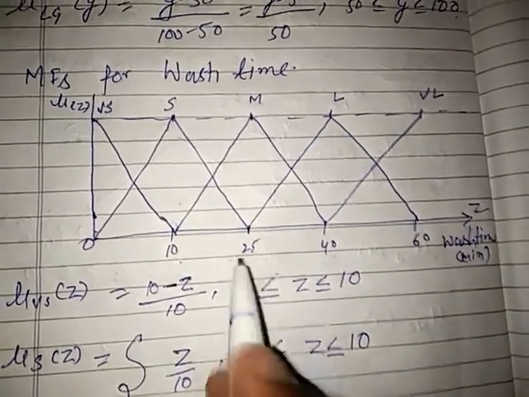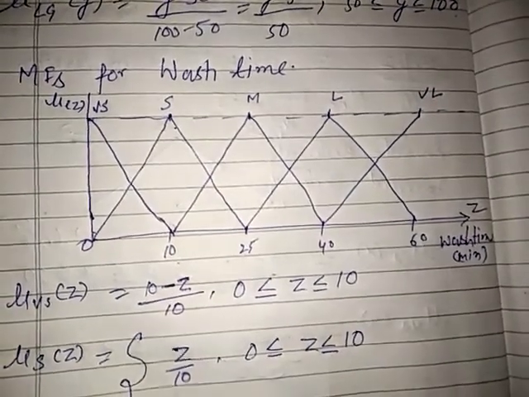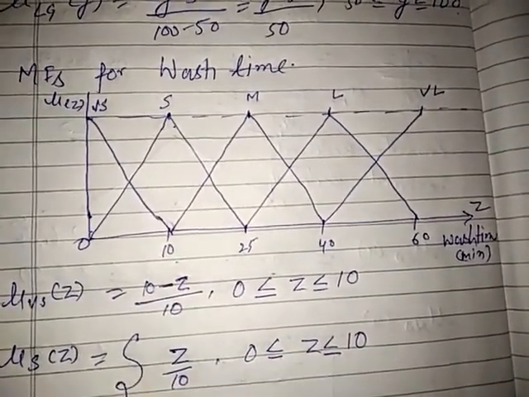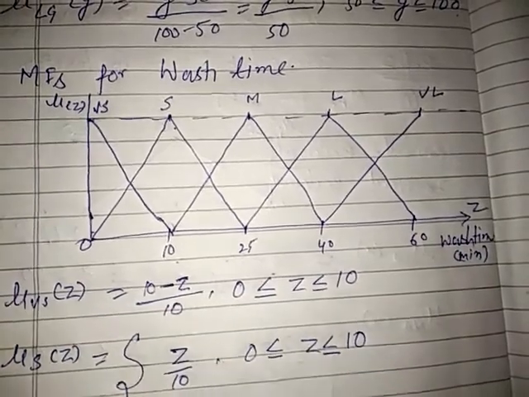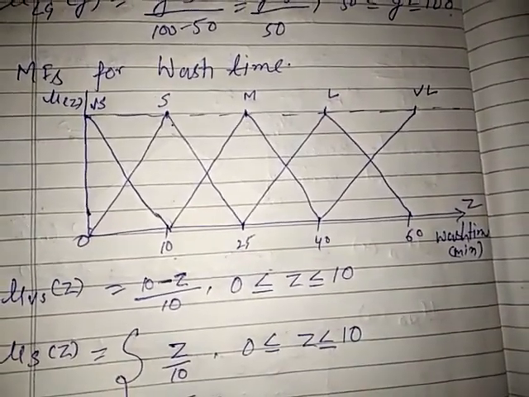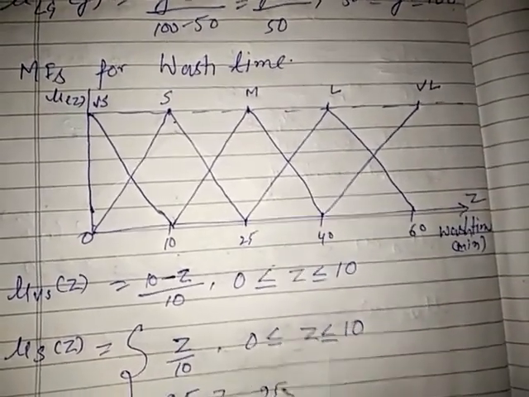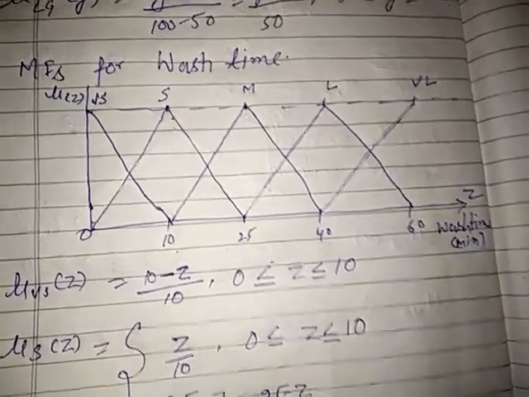And second, that is the backward, 25 minus z divided by 25 minus 10, that is 25 minus z divided by 15.